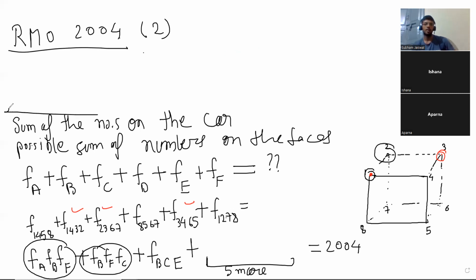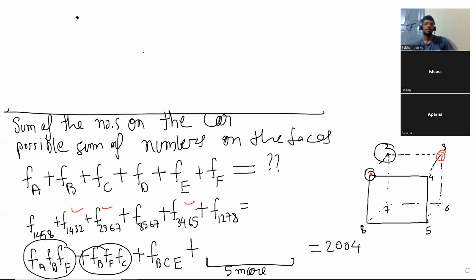I want to simplify a little bit. There are 6 numbers to begin with, and now we are forming 8 numbers, and we are using 3 of them in each. So in total, we are using 24 of them.